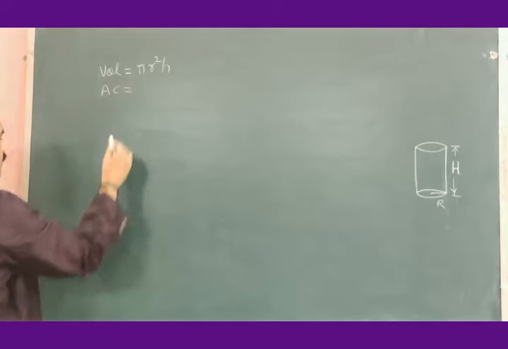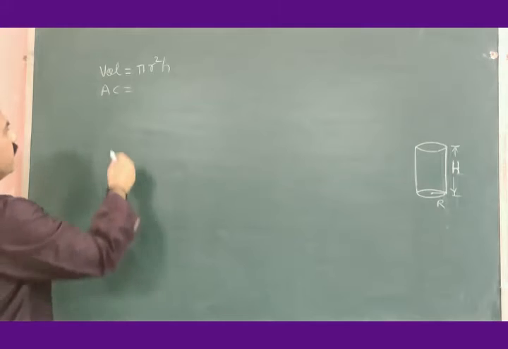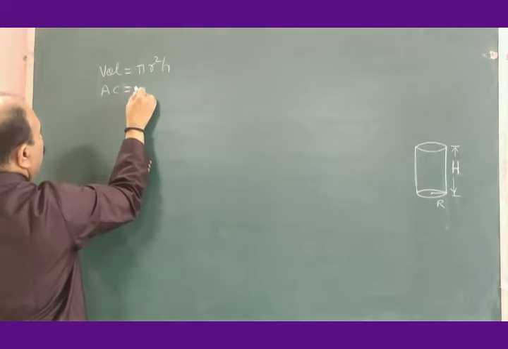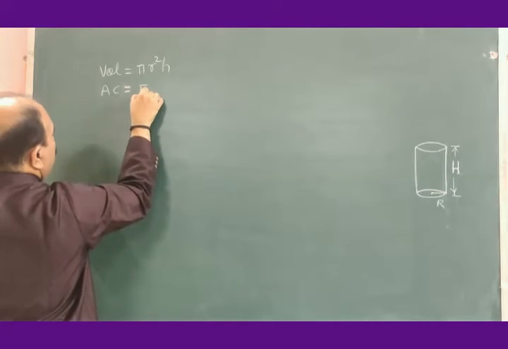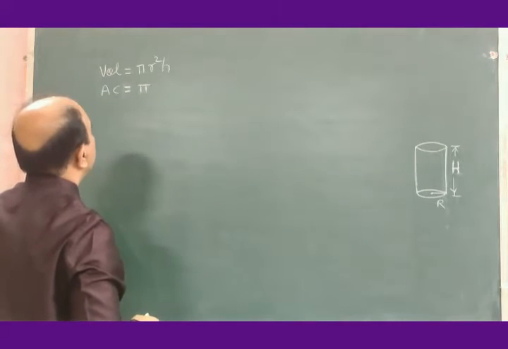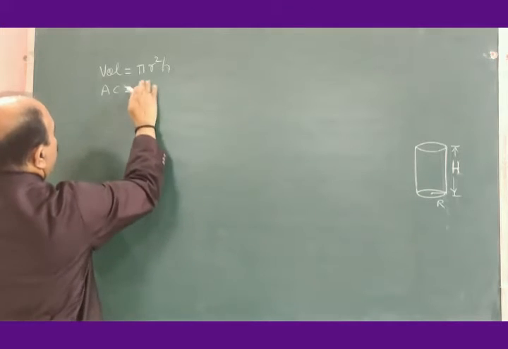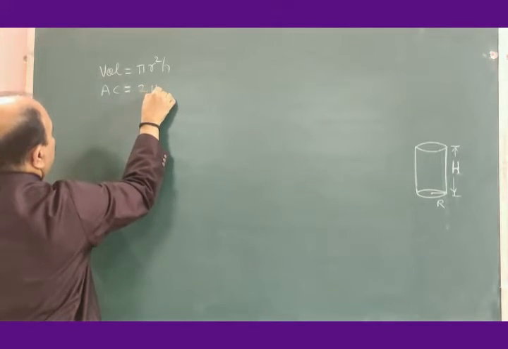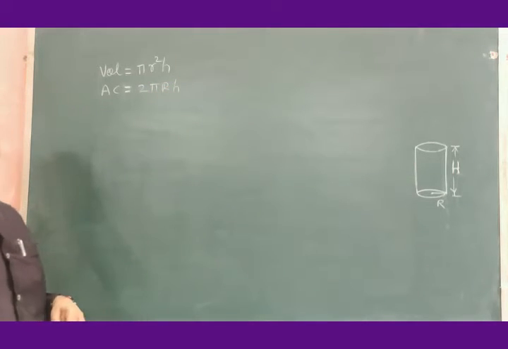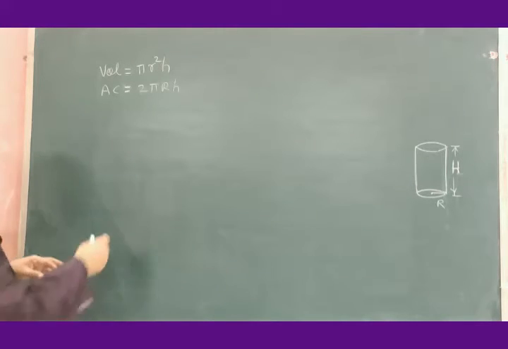Area of curved surface, this is the curved surface, is given by two pi r h, area of curved surface.